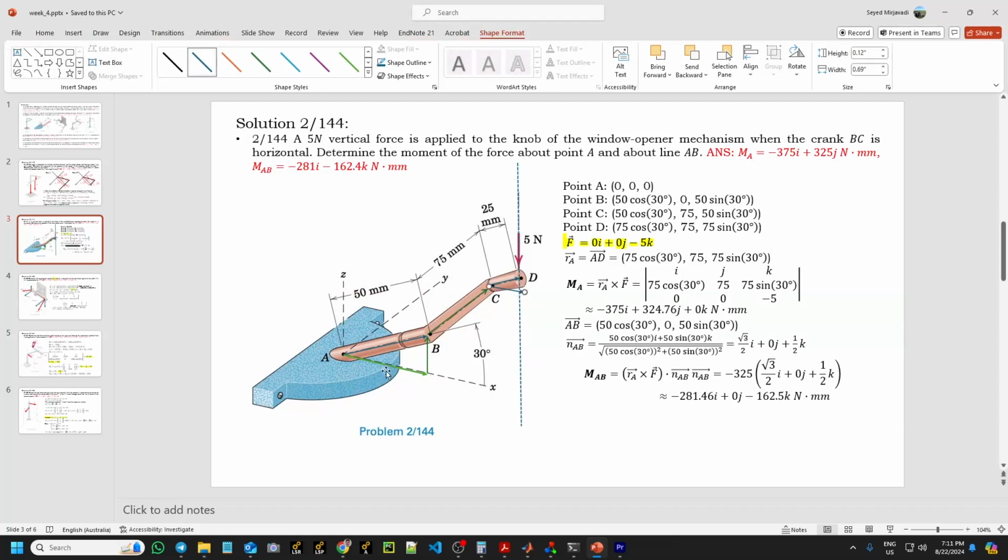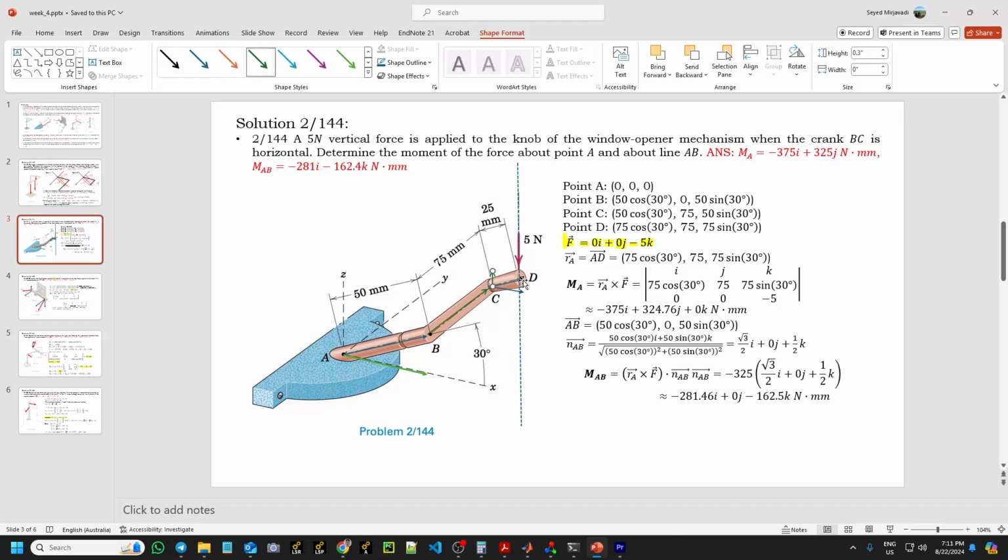One of them is exactly parallel to the x, and it will be 25 cosine 30 degree. And the other one will be 25 sine 30. Okay, sorry for moving this.